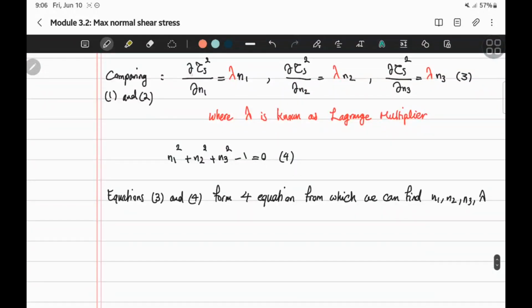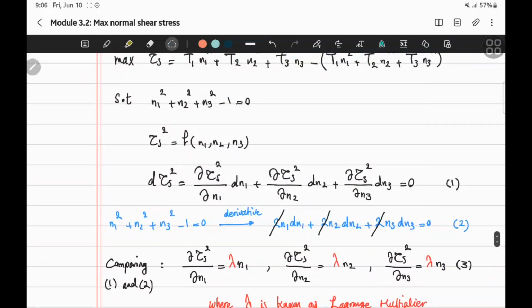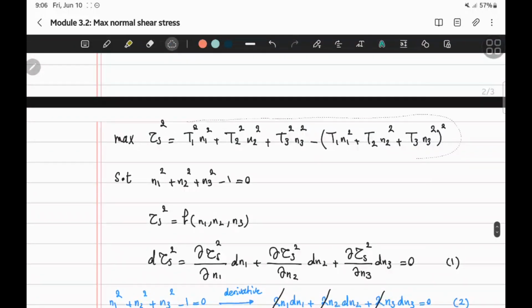So equation 3.1, which is the partial derivative of tau s squared with respect to n1, and tau s is this here.